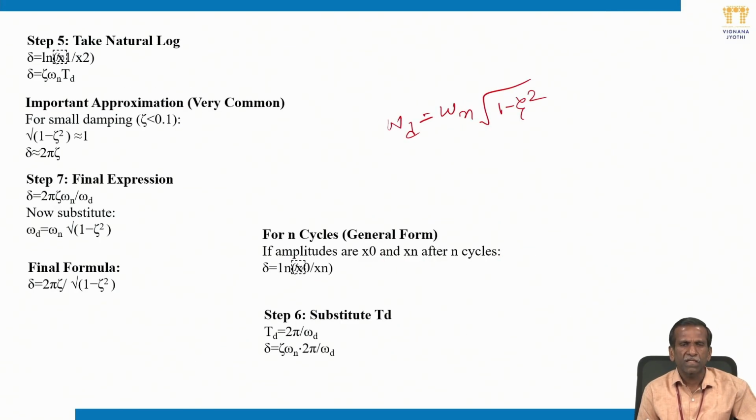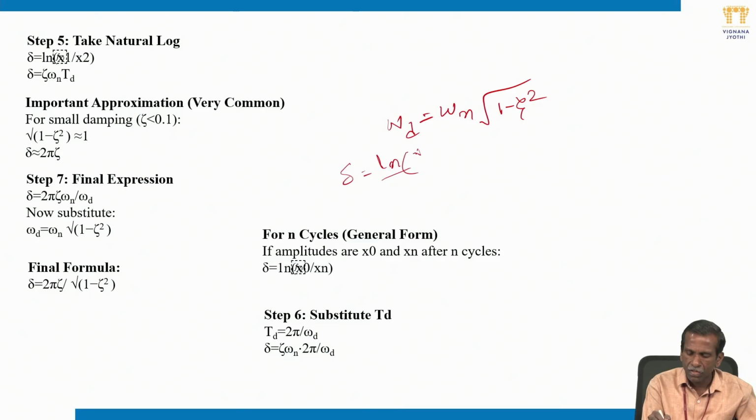So that is the delta form. For n cycles, if you write amplitudes starting with x naught and xn after n cycles, then delta is equal to log of x naught by xn. Then the final formula of the logarithmic decrement is delta equal to log x1 by x2 equal to 2 pi zeta by square root of 1 minus zeta square. The damping ratio zeta is less than 1.